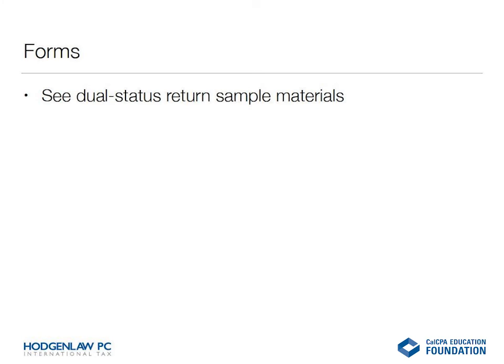So for a dual status return, you should be aware more than on a regular return, because you've got people who are transitioning in and out of the United States, so it's very likely that they're going to have foreign assets that need to be reported in some way or another on their tax return.